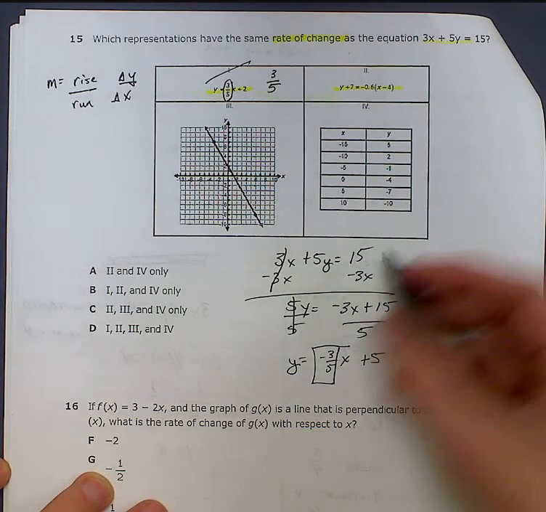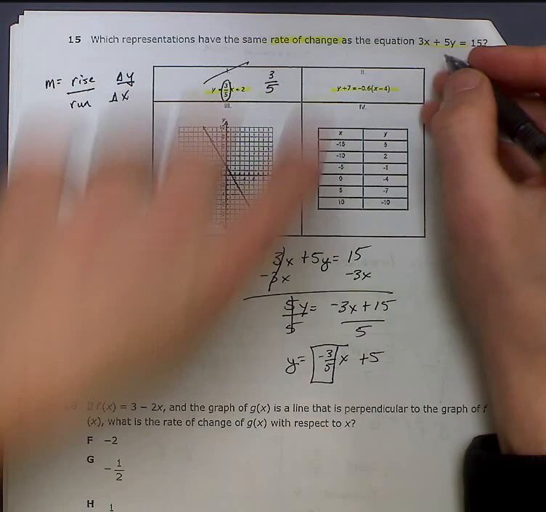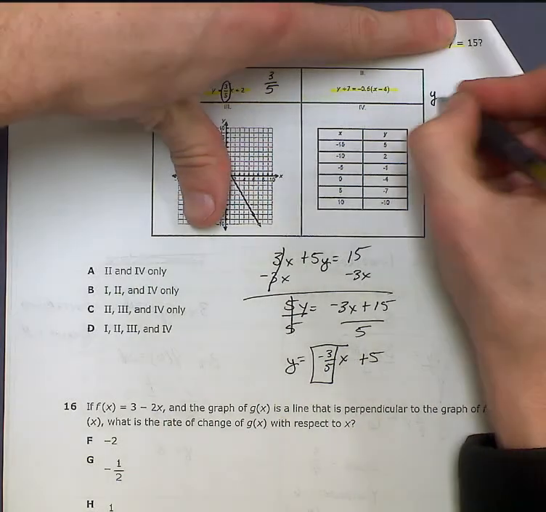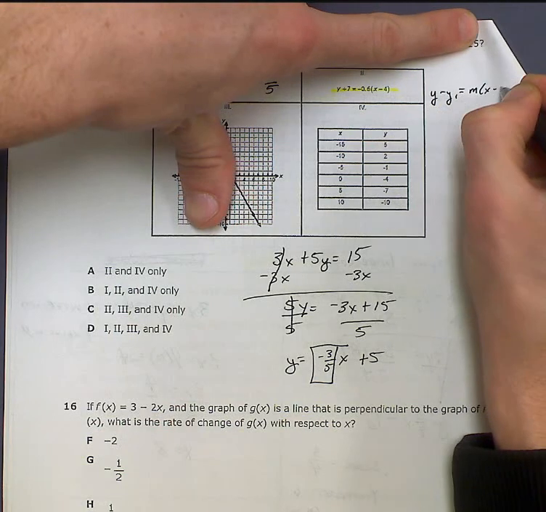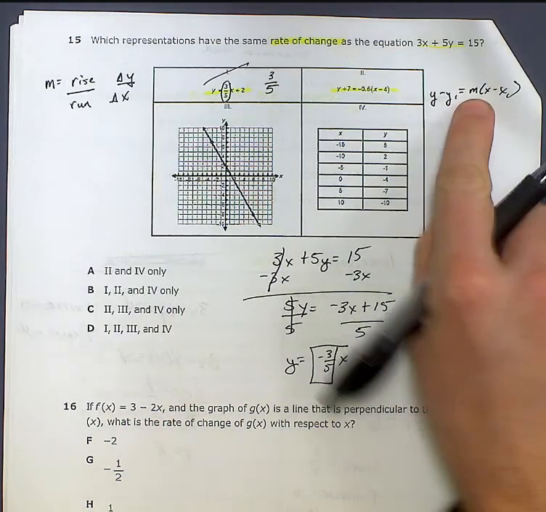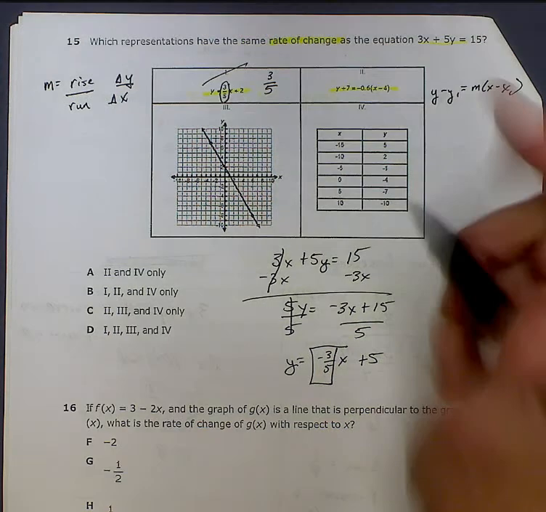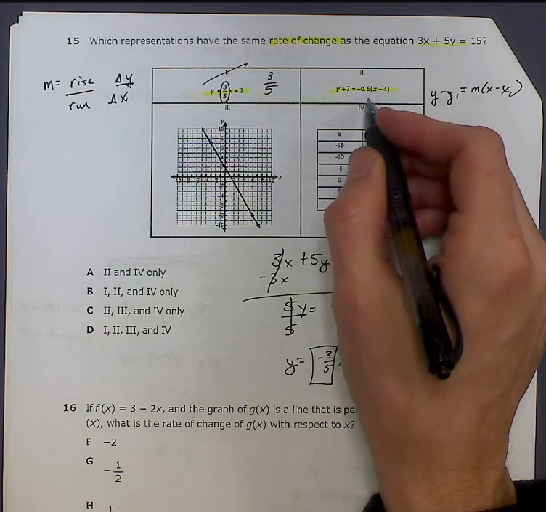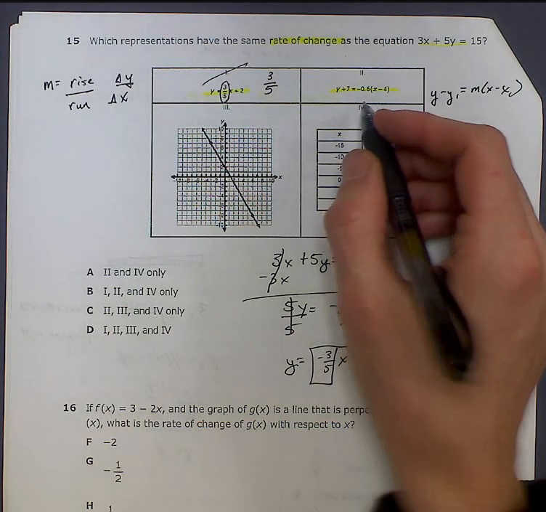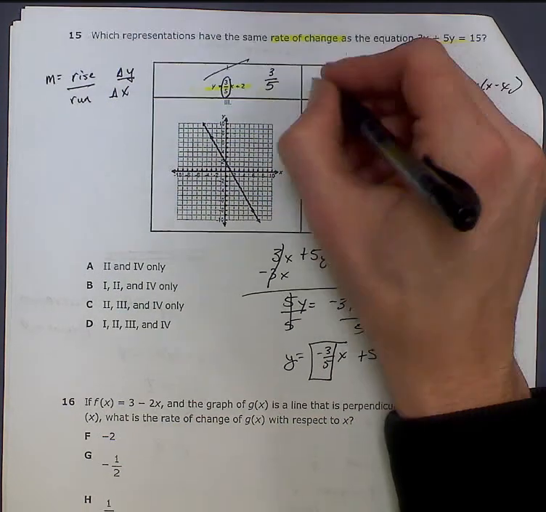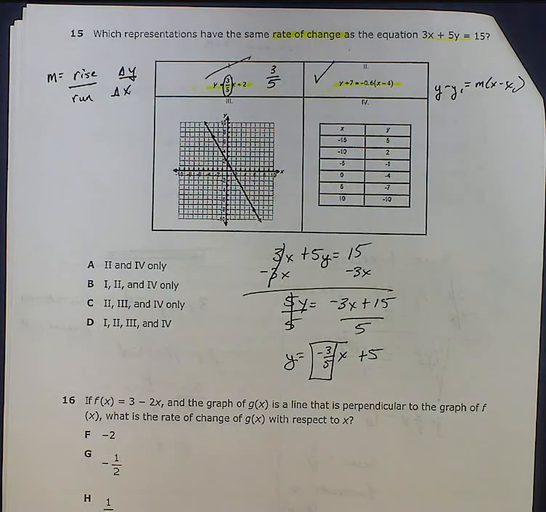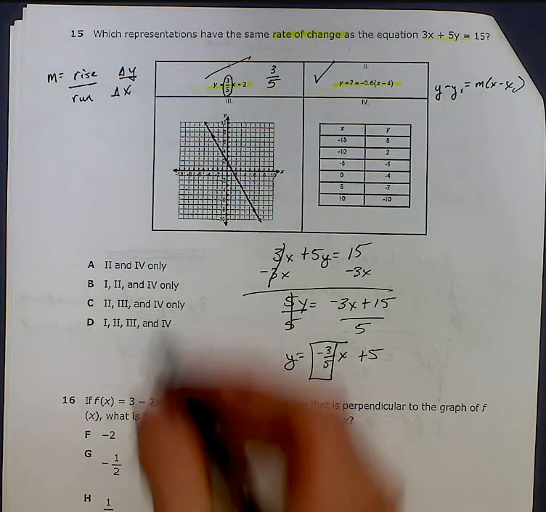Well, 2 is point-slope form, so I write that as y minus y1 equals m times x minus x1. So the number on the outside of my parentheses is my slope. Well, the number on the outside of my parentheses is negative 0.6. This is a decimal form of negative 3/5. So this works. So that's good. Now, I need to look at number 3.